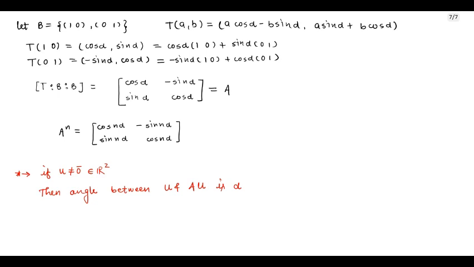If you multiply again and again by A, that means the angle between u and A to the power n u.